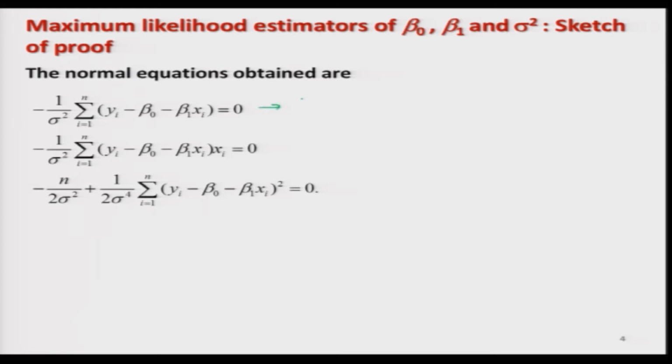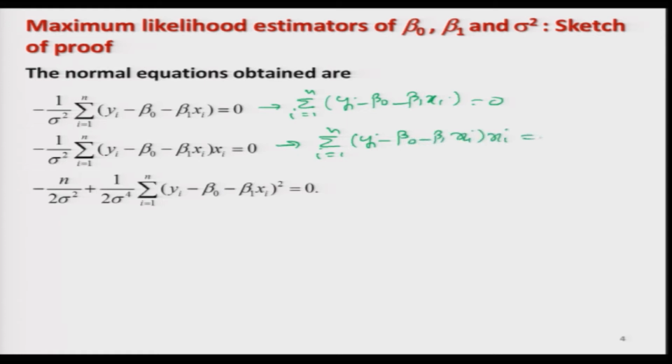These are the 3 normal equations that we have obtained. One can be written as summation i goes from 1 to n of y_i minus beta 0 minus beta 1 x_i equal to 0, and another as summation i goes from 1 to n of (y_i minus beta 0 minus beta 1 x_i) times x_i equal to 0.